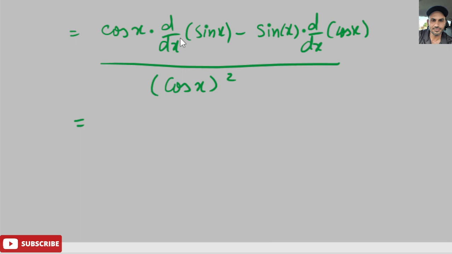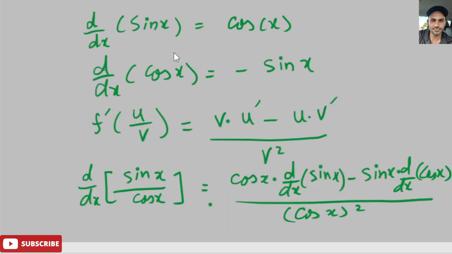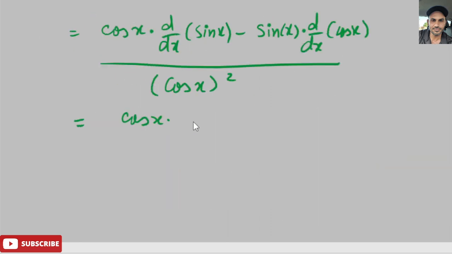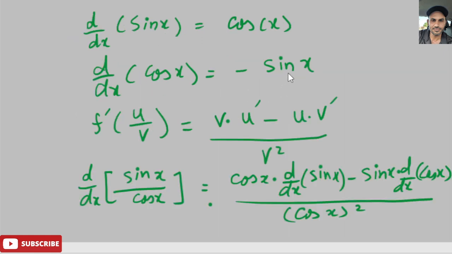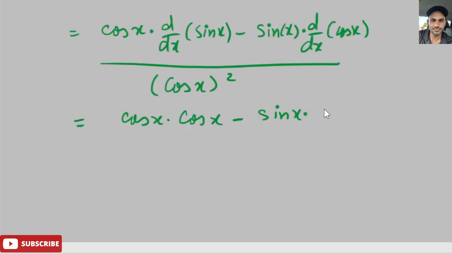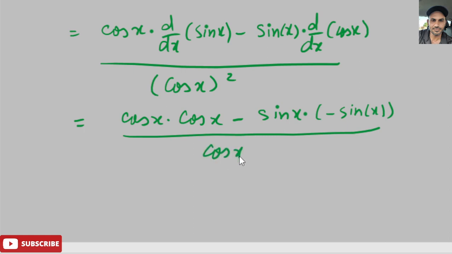So in the next step, I'm going to go ahead and take the derivatives of sine and cosine. So we get cosine of x, and then the derivative of sine of x is cosine of x, minus sine of x, and the derivative of cosine of x is negative sine of x. And everything divided by cosine of x squared.